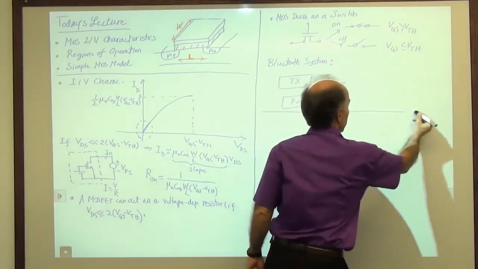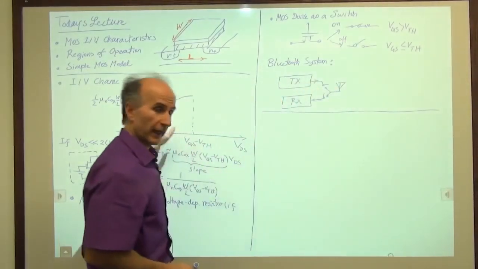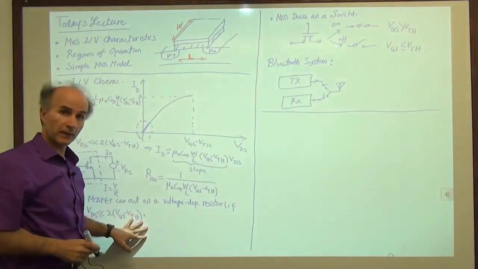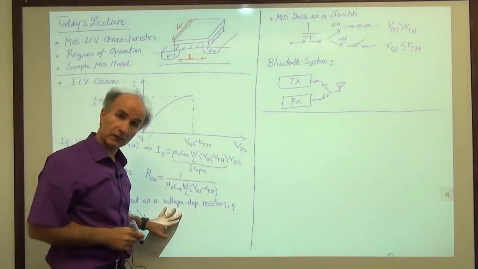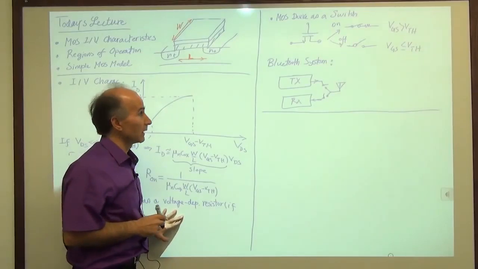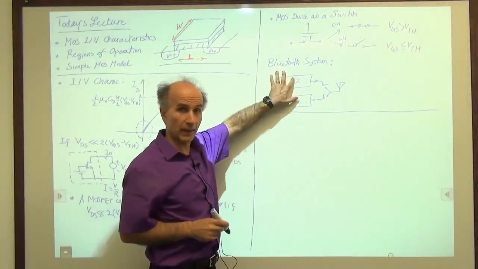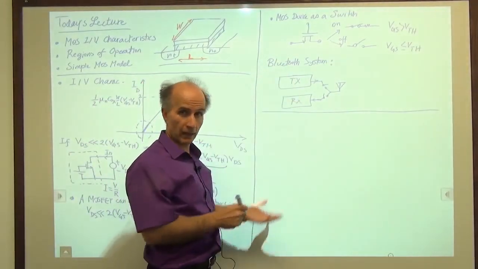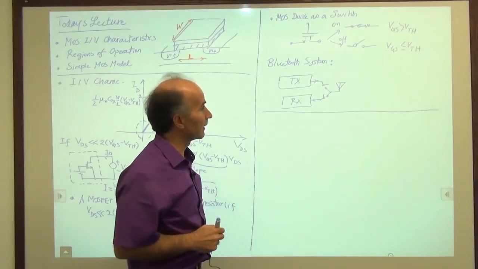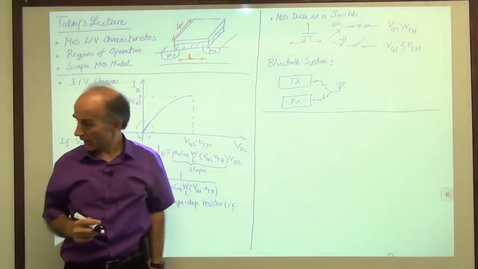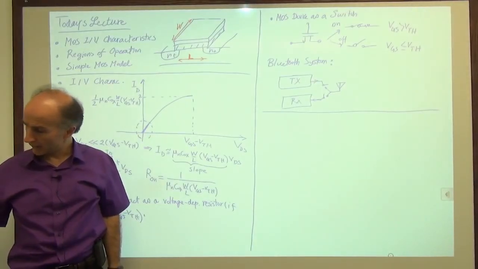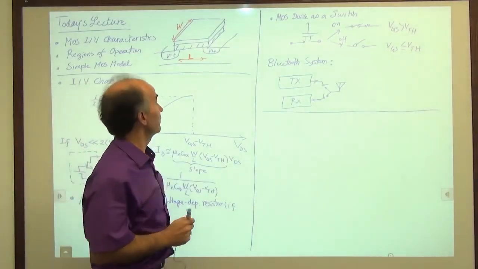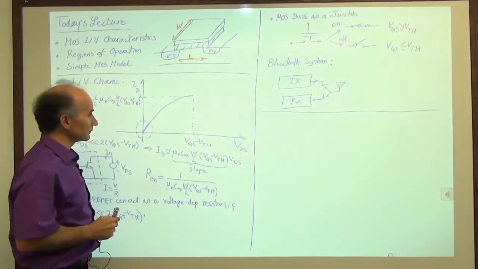All right, so from these very simple equations that we have developed so far, we see that a MOSFET can operate as a voltage-dependent resistor, so that has its own applications. It can operate as a switch, that has its own applications, and also some interesting things. Okay, now let's go on and address the important question that we faced last time.